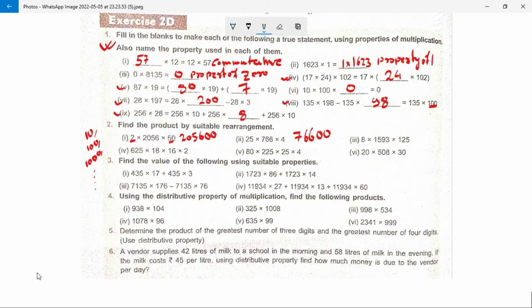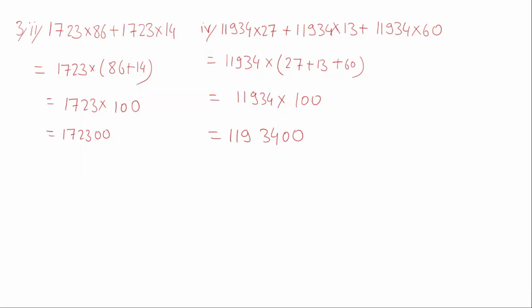In question number 3, we have find the value of the following using suitable property. Suitable property means, let me show you question number 2 and 4. So in 3 part 2, we have 1723 into 86 plus 1723 into 14.